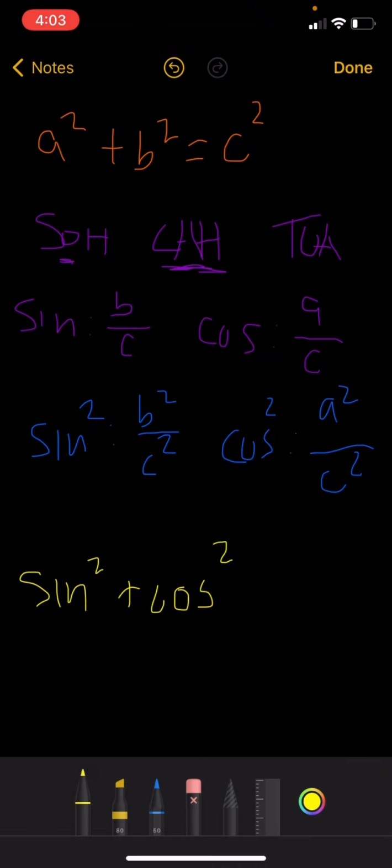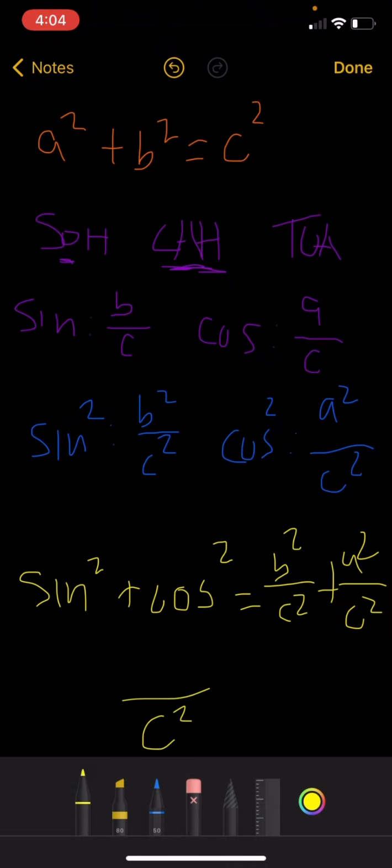As we already stated before, this would initially equal b squared over c squared plus a squared over c squared yet again. And since we have that common denominator, we're going to keep c squared as c squared, but our a and b are going to be like this.